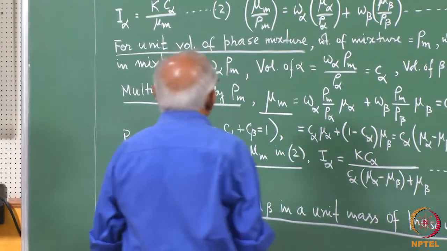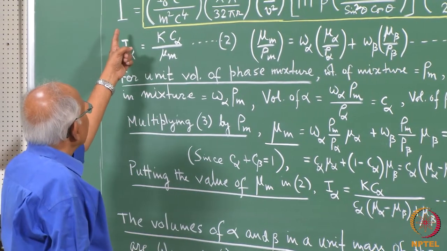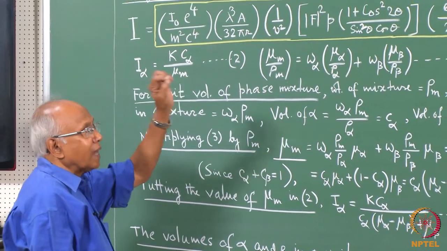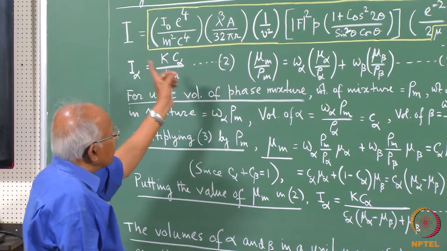Say, for example, this I here is the intensity of a particular line in the pure phase.